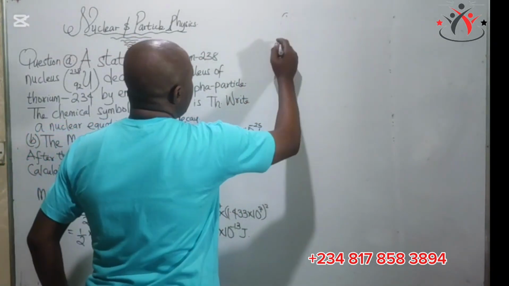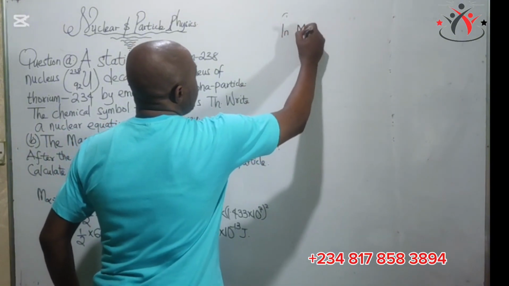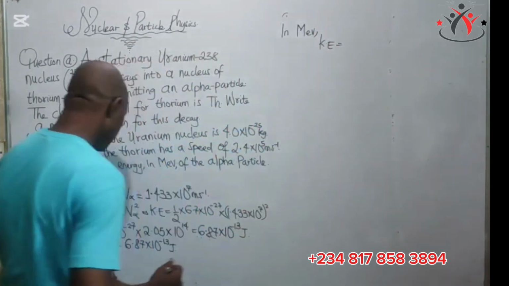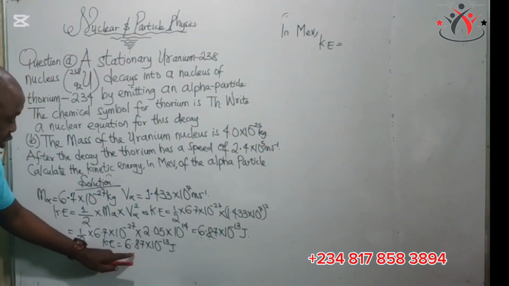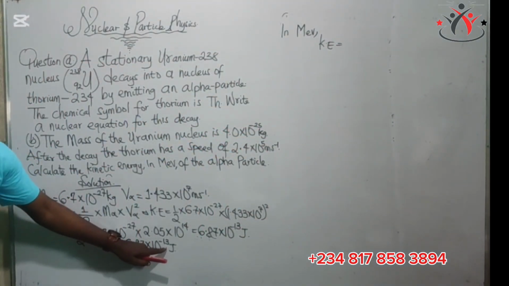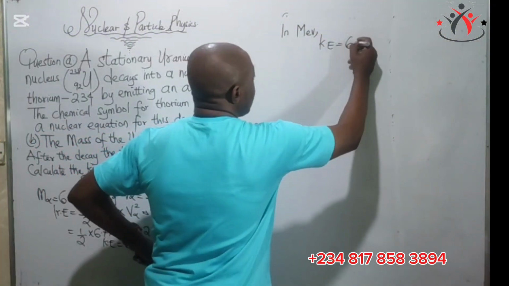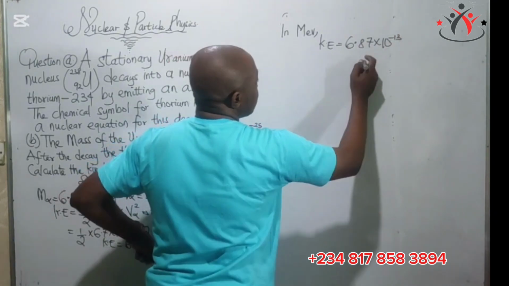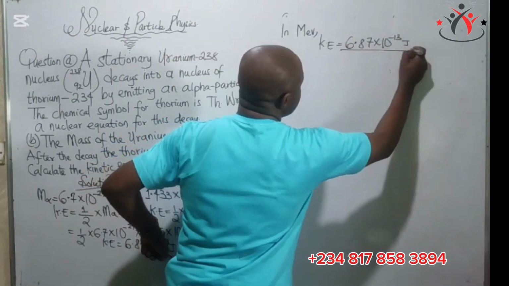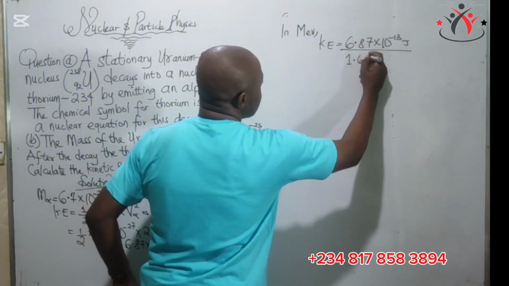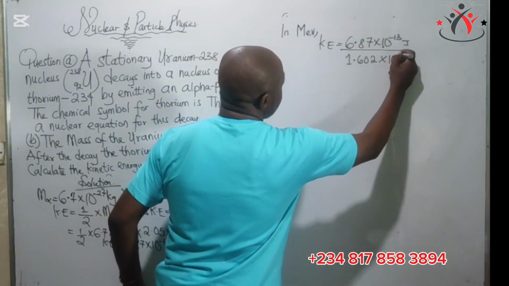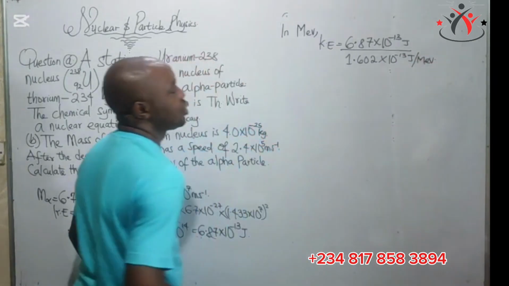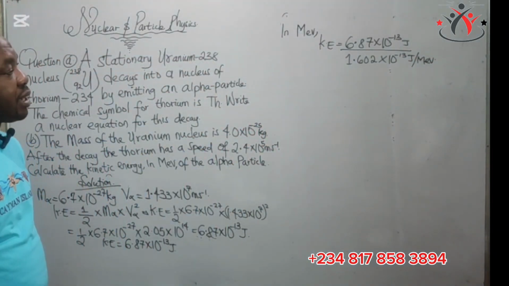In mega electron volts, we're going to have the kinetic energy, which is 6.87 times 10 raised to the power of minus 13 joules, divided by 1.602 multiplied by 10 raised to the power of negative 13 joules per mega electron volt.